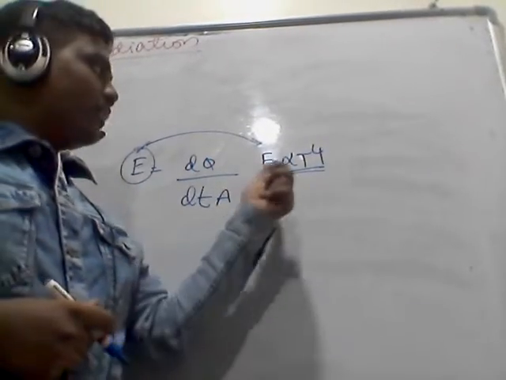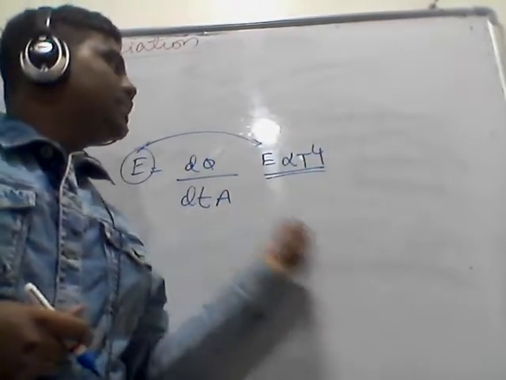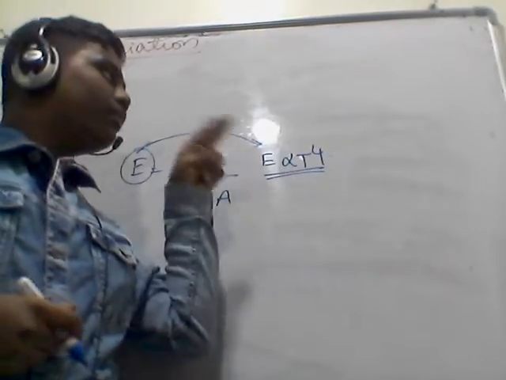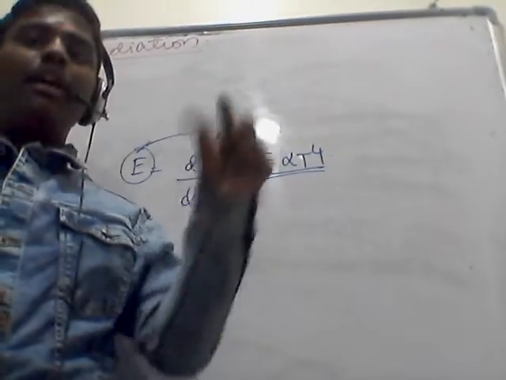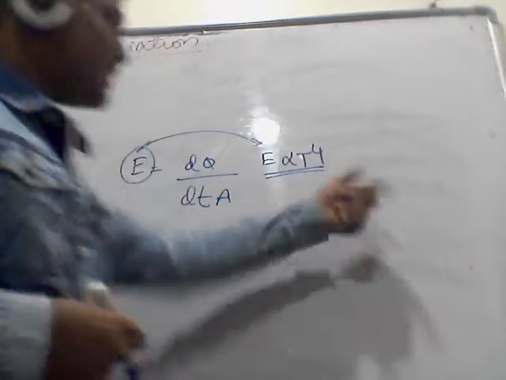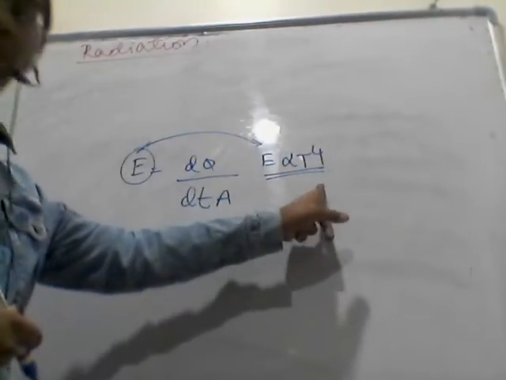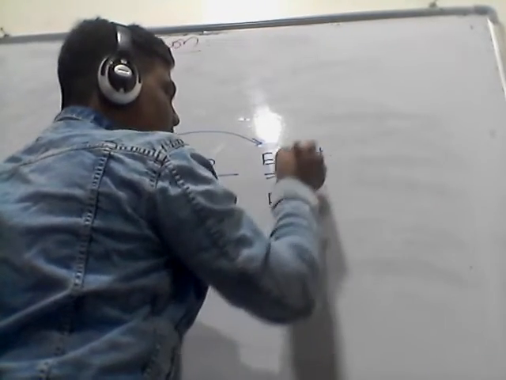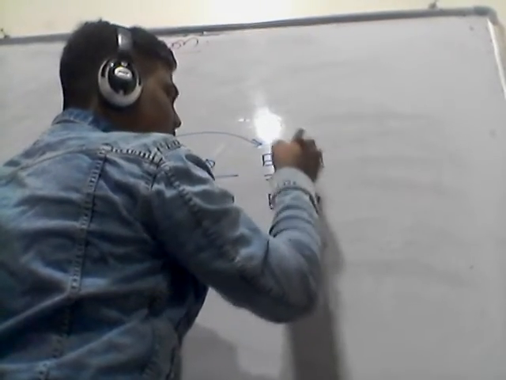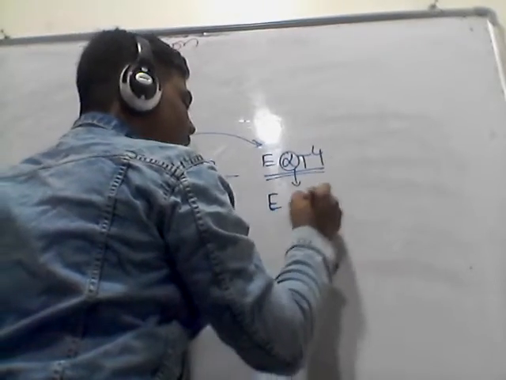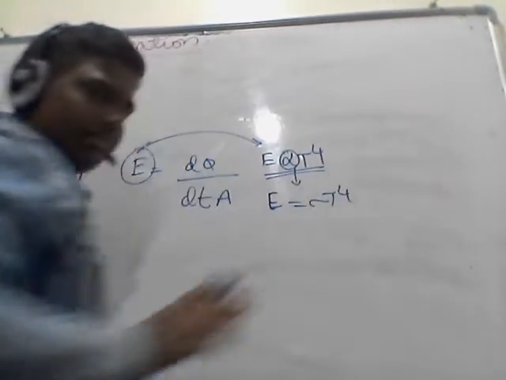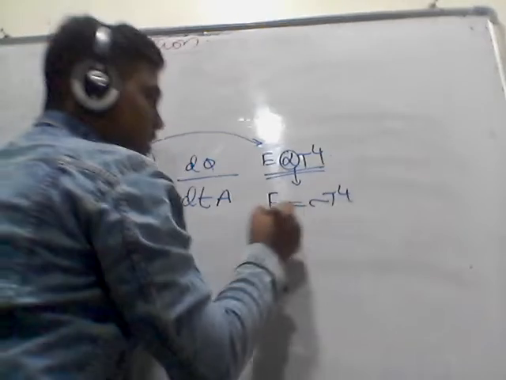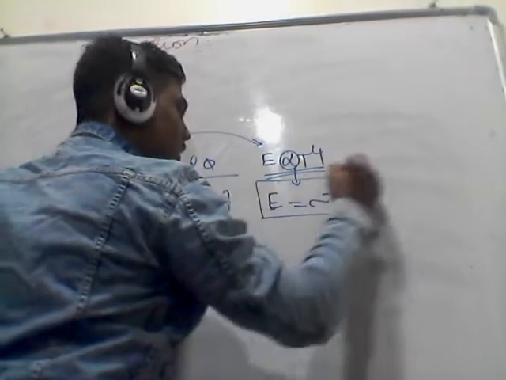So energy is nothing but T power 4 per unit area per unit time. This is E is directly proportional to T power 4. This is the first definition that is given for energy. Then in place of the proportionality symbol, I am replacing it by the sigma symbol, and this is the formula for energy.